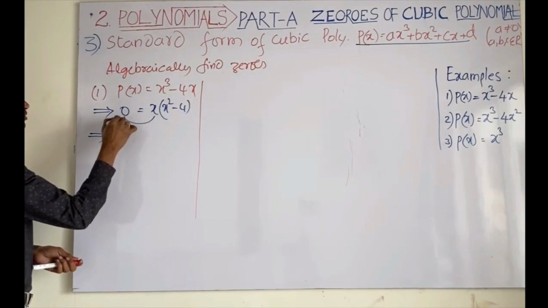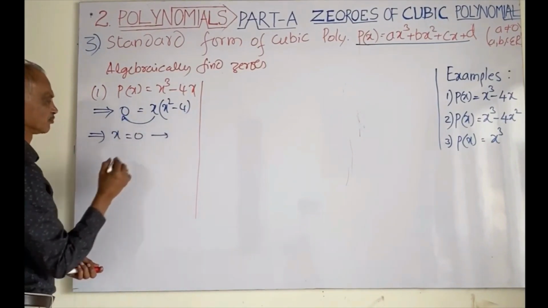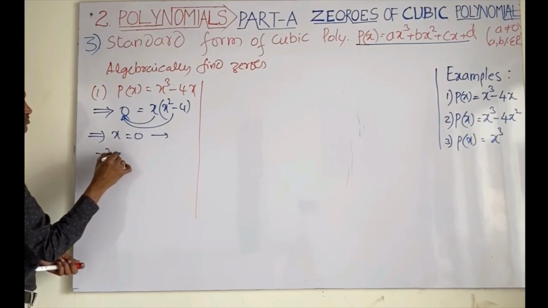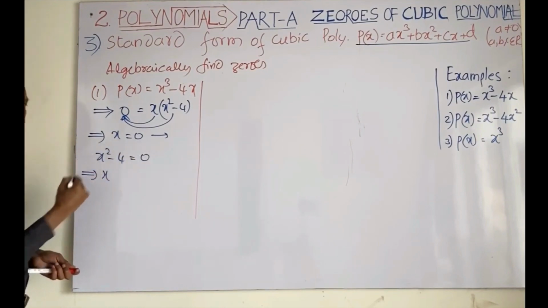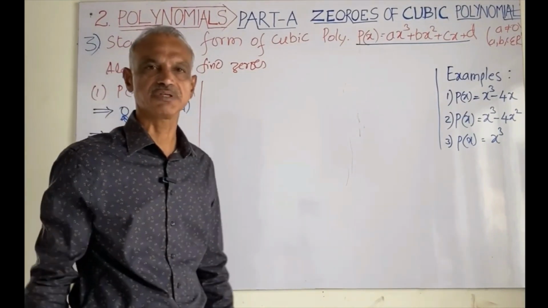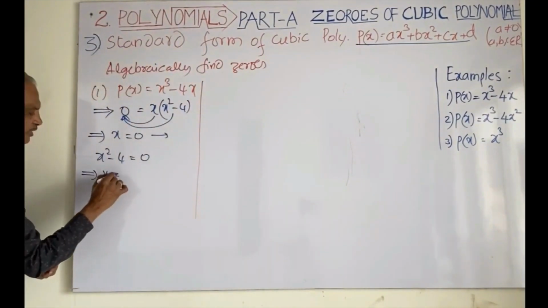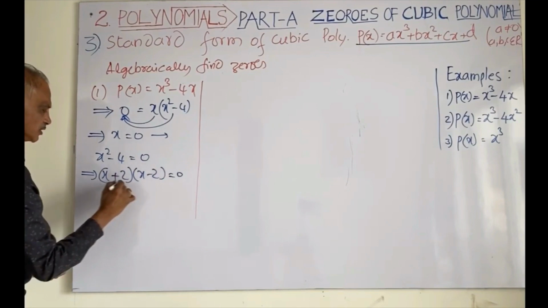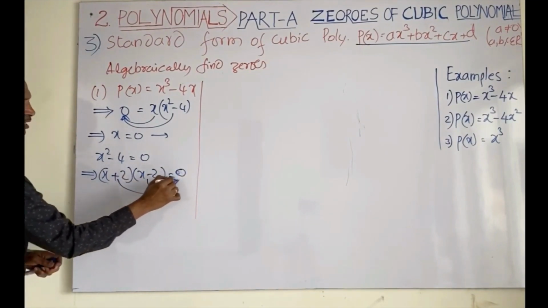Now x is equal to 0, one of the zeros you got. Then x square minus 4 is equal to 0. It can be written as x plus 2 into x minus 2 is equal to 0. See, x plus 2 is equal to 0 and x minus 2 is also equal to 0.